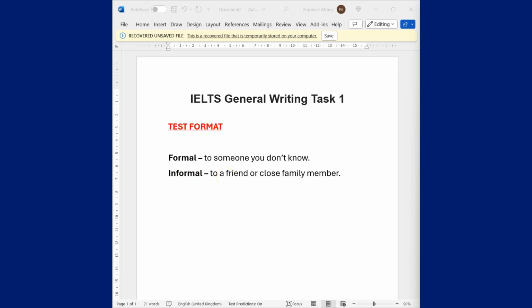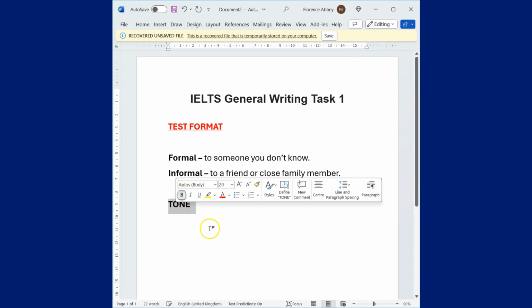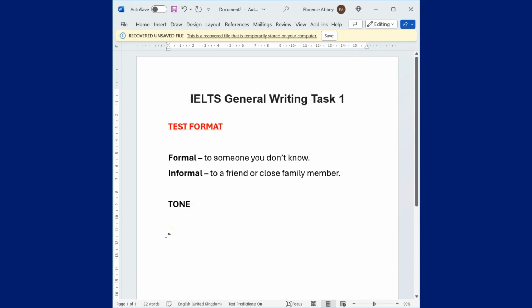So one of the major things in the writing Task 1 of the general writing test is the tone of your letter. The tone of your letter shows how your relationship with the person is.